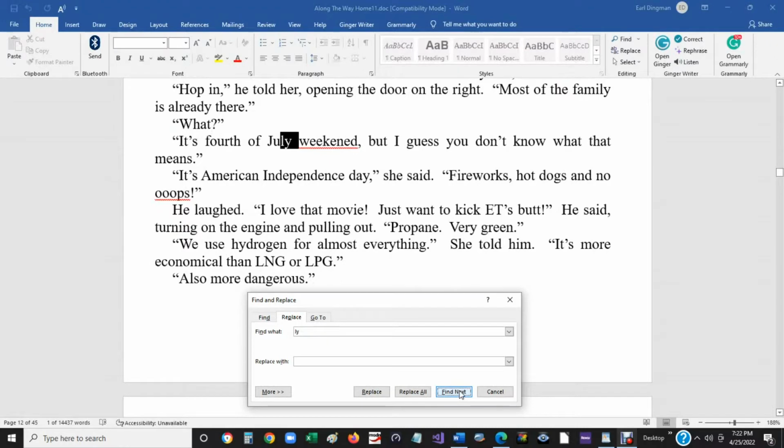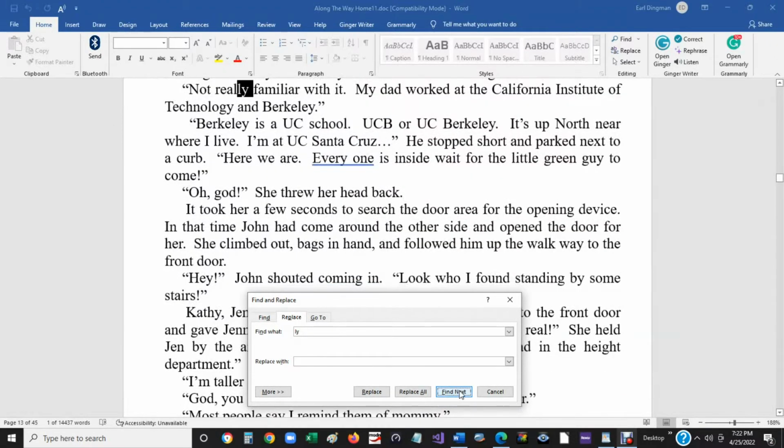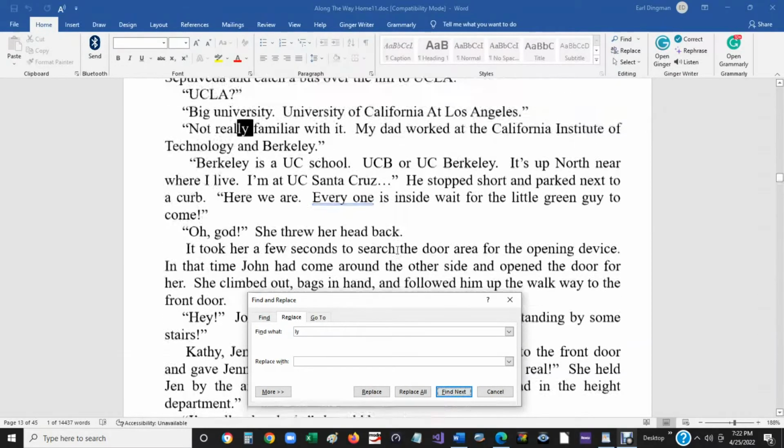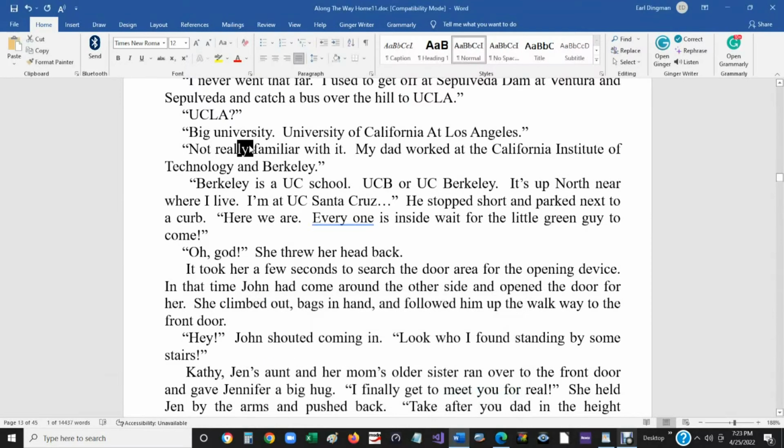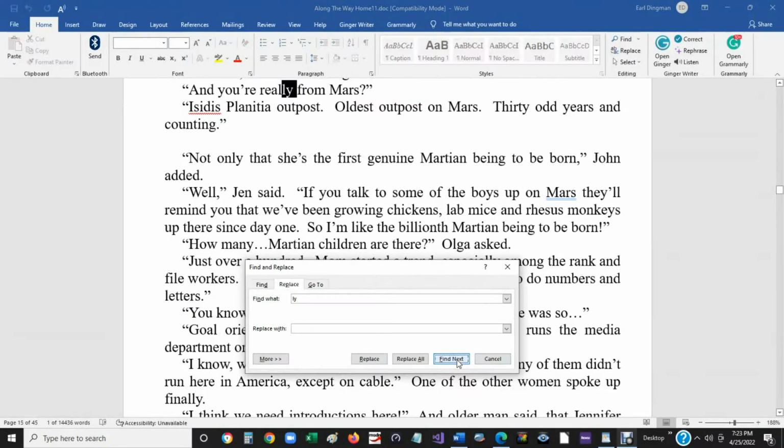She's dead tired. She promptly flopped on the bed. Family stays. July stays. "Not really familiar with it." Really can go here. Really is an adverb. Big university, University of California at Los Angeles. "Not familiar with it." Let's take the really out. Zip it right out. "And you're really from Mars."